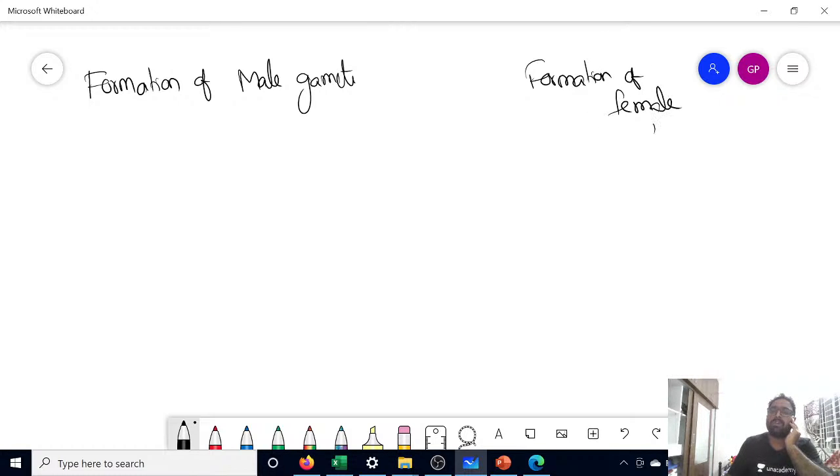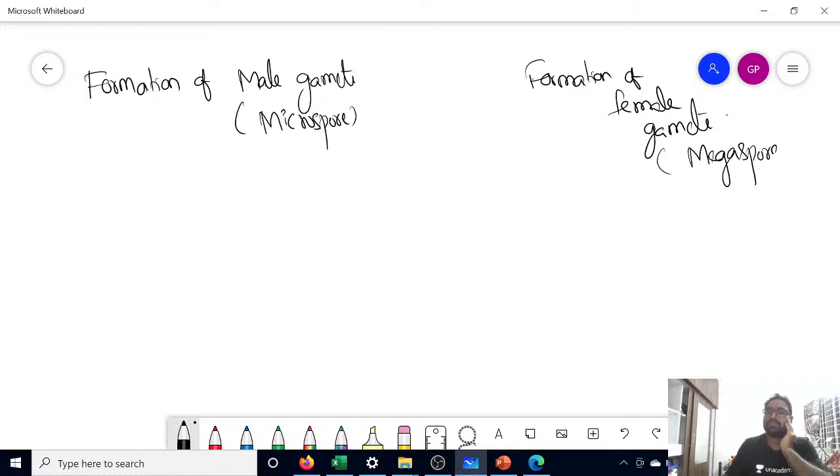The male gamete is also called microspore, and the female gamete is also called megaspore. So tell me, formation of microspore is called what?